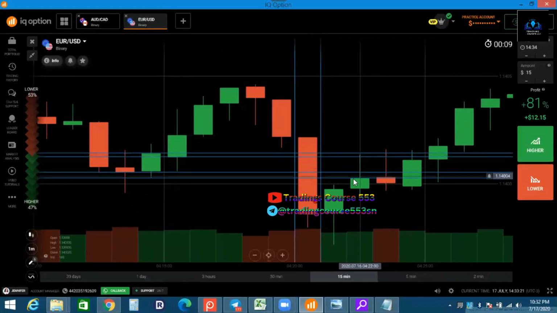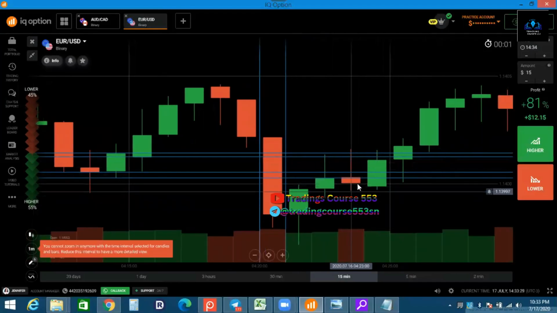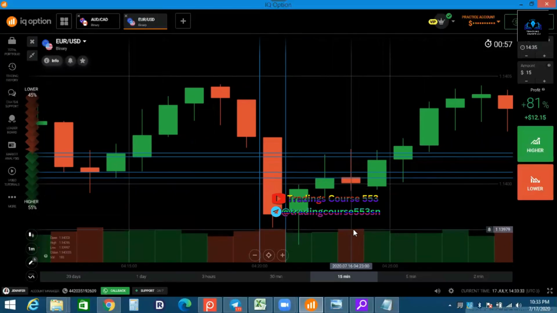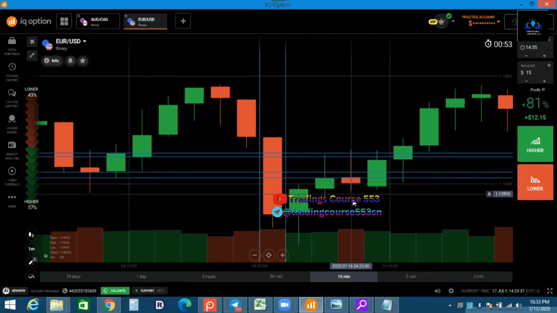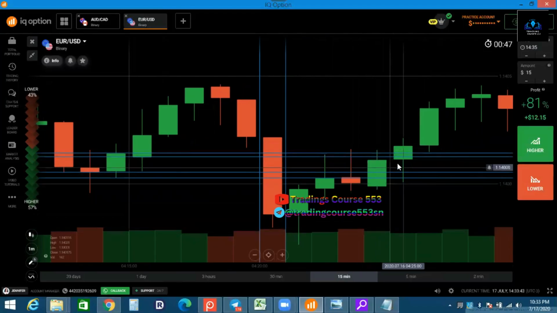From here, volume increasing. That is a sign that the sellers will enter. In this candle, on the support level, there is bias rejection. Do you see the volume increasing? On the support level, volume increasing, bias entered. On the resistance level, volume decreasing, bias again entered.